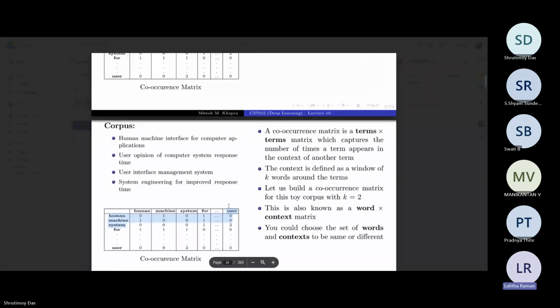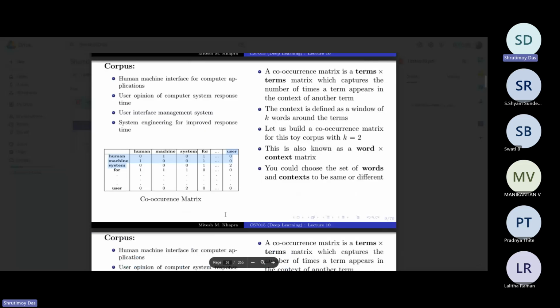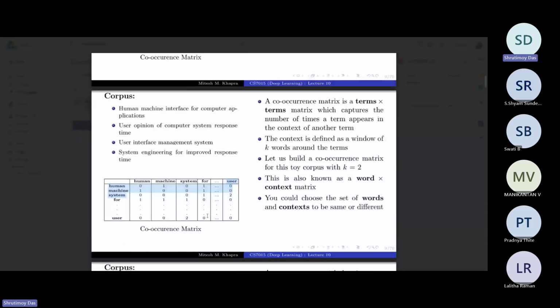What I was asking is, this set of sentences, are all the sentences just joined into one chunk of text? First of all, they will extract the vocabulary. There is a process called tokenization. Suppose you have the sentence, human machine interface for computer applications.